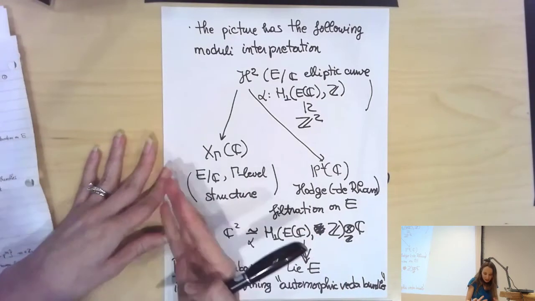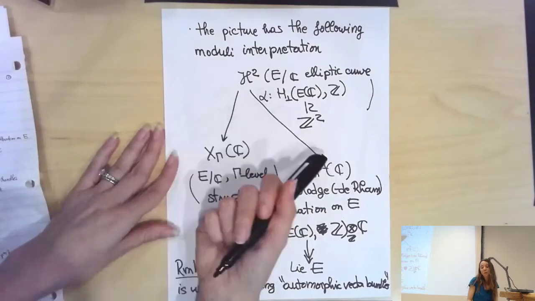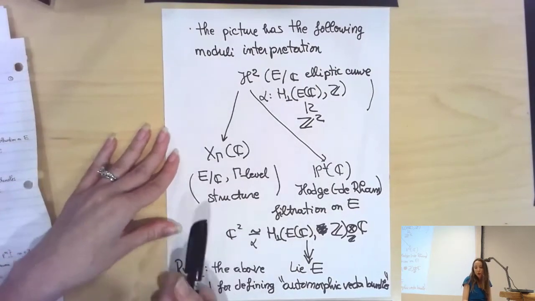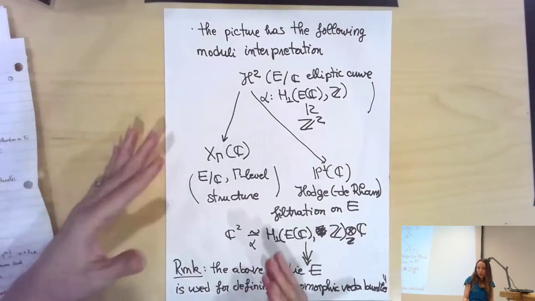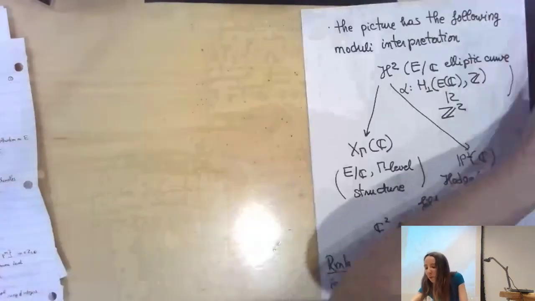And in order to make that precise, you need to consider precisely period morphisms like this. So you have more general period morphisms, even in the complex setting, that show up in the notes.